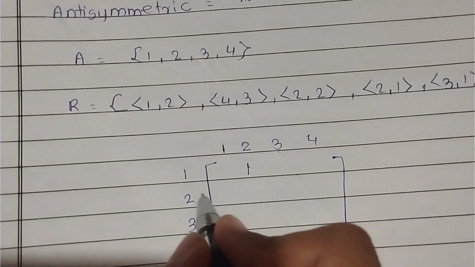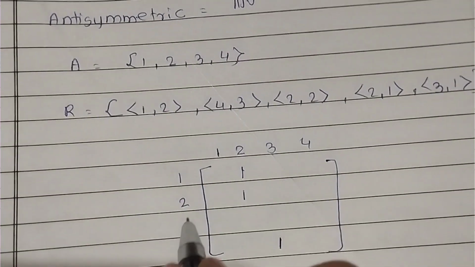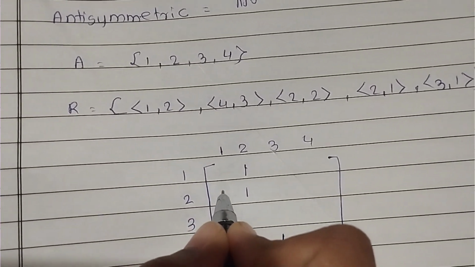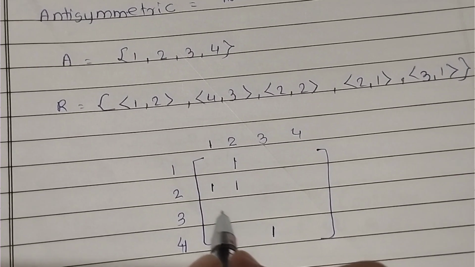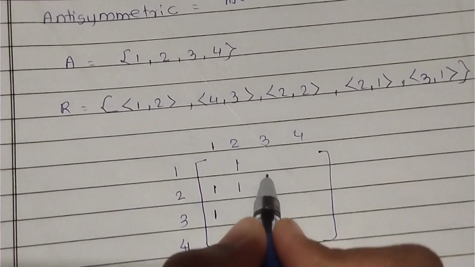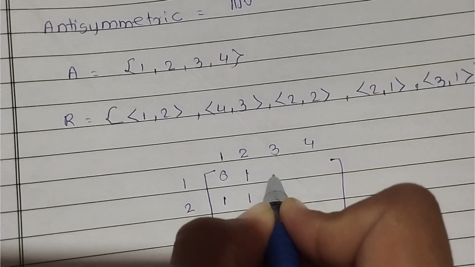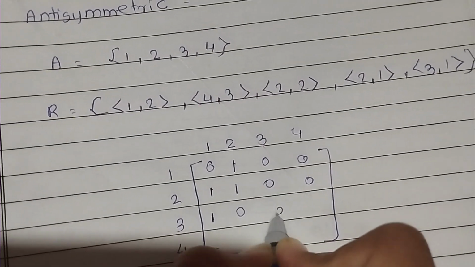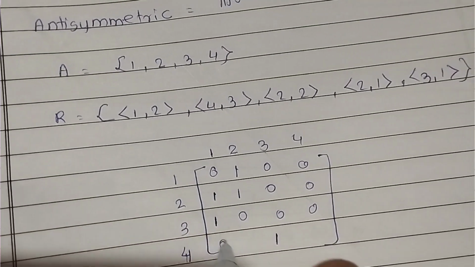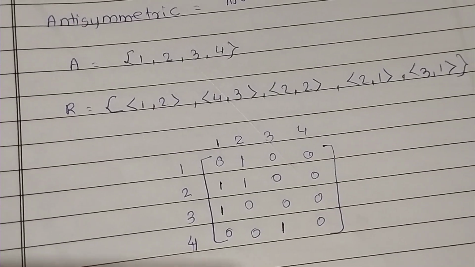Then 2 and 2, row is 2 and column is 2. Now 2 and 1, row 2 and column 1. 3 and 1, row is 3rd and column is 1. Now all the remaining elements are 0, so write 0 0 0. So our matrix is now ready.